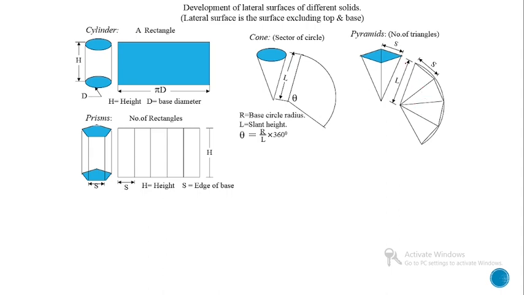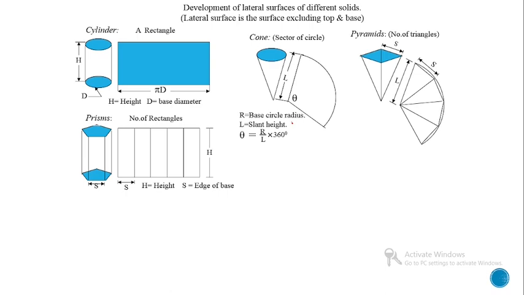Here this S is equal to the length of one side of the base polygon, and this L is equal to the true length of the slant height.